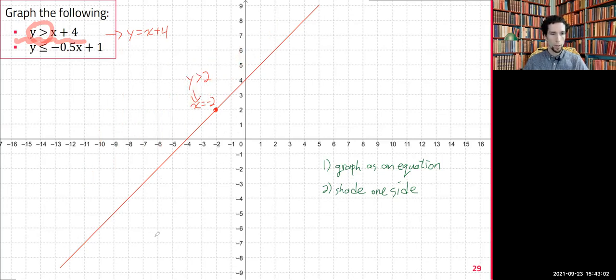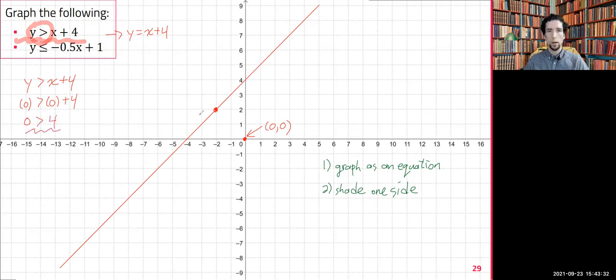The other way that we can think about this is you can just test a point, any point you want. Usually the easiest one to test is going to be this right here, the origin, 0, 0. So let's take our inequality, y is greater than x plus 4, substitute in our point, 0 greater than 0 plus 4, and then 0 is greater than 4.